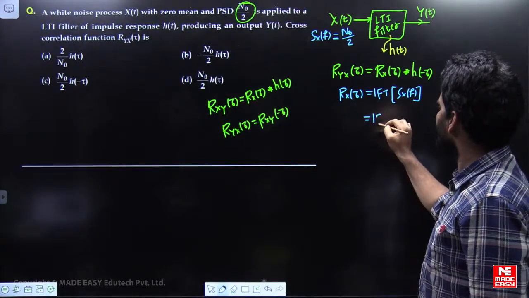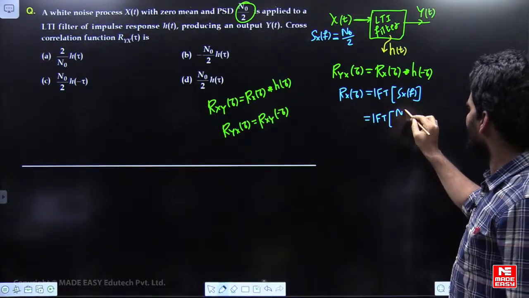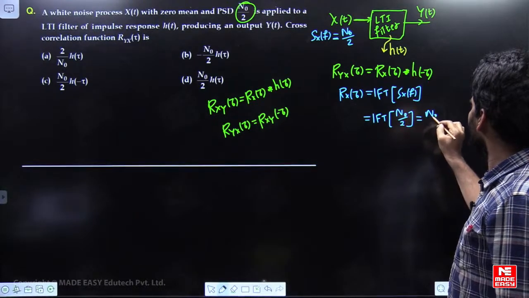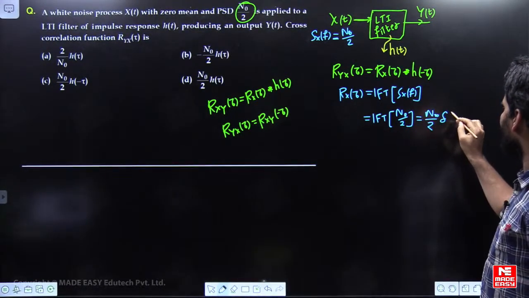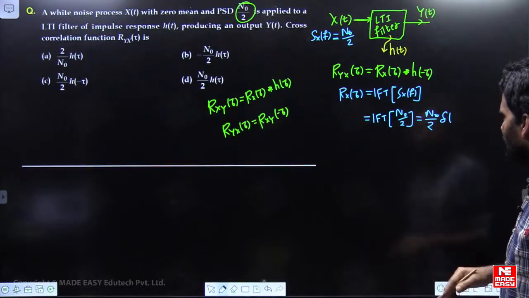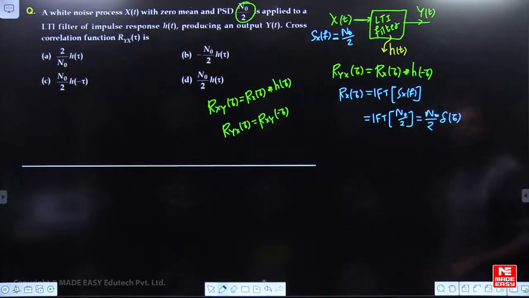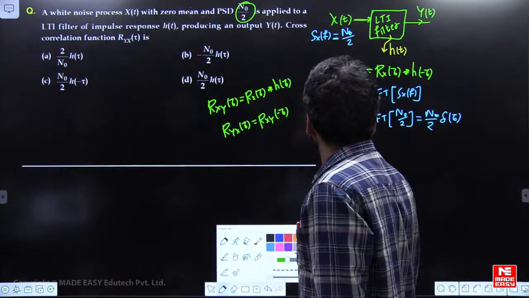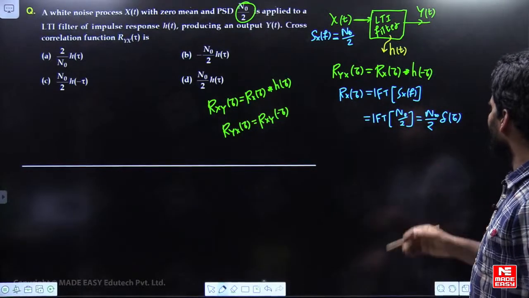So this is the inverse Fourier transform of N0 by 2. N0 by 2 is a constant, you can write it outside. And what is the inverse Fourier transform of 1? It is δ(t). But I need it on the τ axis, so N0 by 2 δ(τ). So the autocorrelation function of white noise will be N0 by 2 δ(τ).